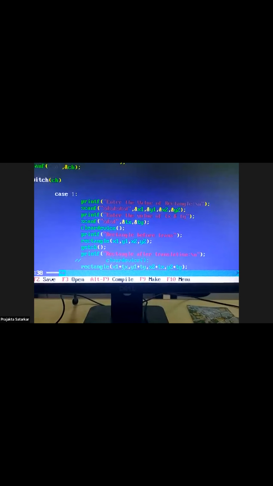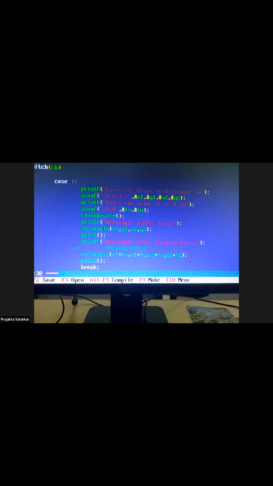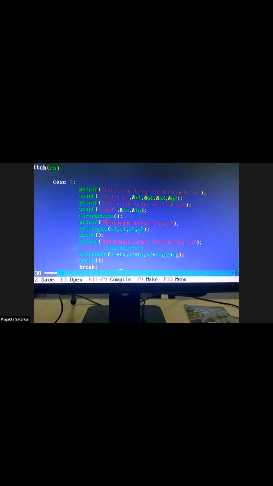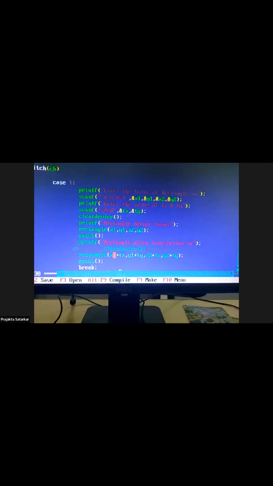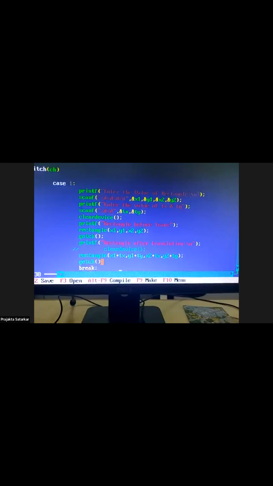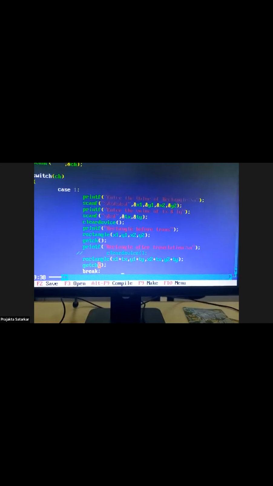And after that, the rectangle after translation is simply adding the tx value to x1, ty value to y1, similarly tx to x2 and ty to y2. By simply adding tx, ty to the appropriate x and y coordinates respectively, you are going to get the final output. Okay, so case 1, all of you have understood?